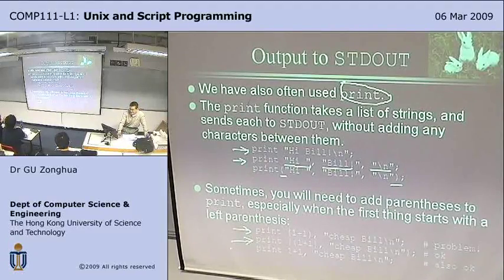And also you can say this without parentheses around 1 plus 1. Then it knows that it's a list of strings to be passed to print. Notice that in Perl it's untyped. Therefore, if you pass a number, 1 plus 1, it'll automatically convert it to a string too.